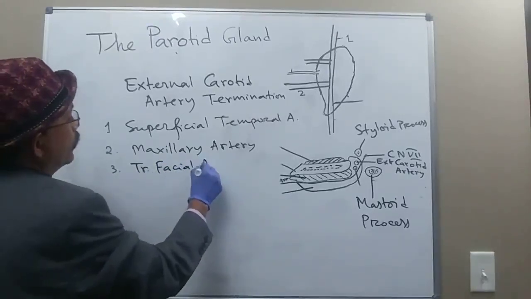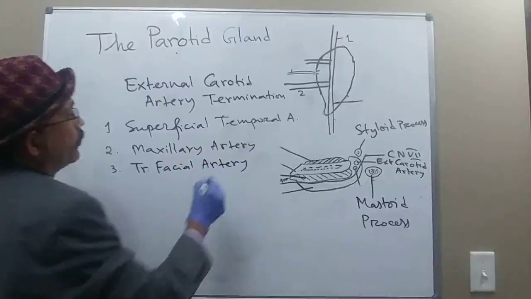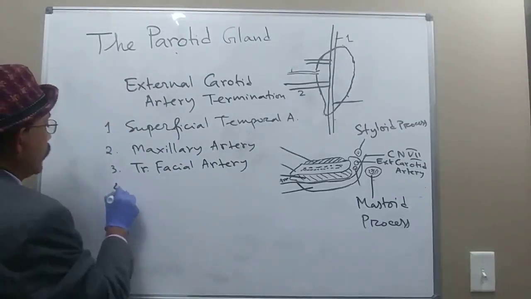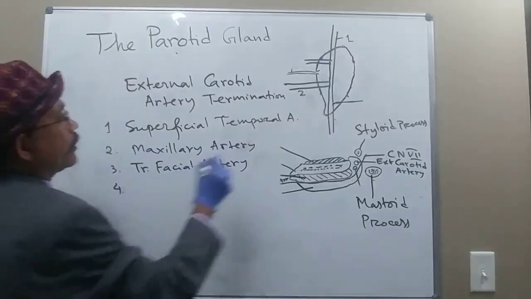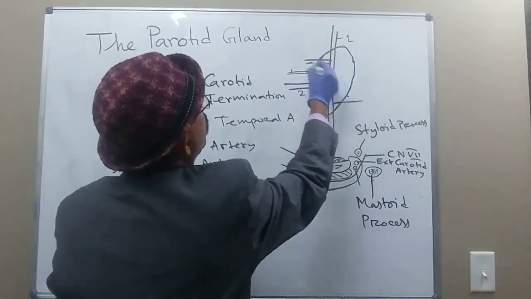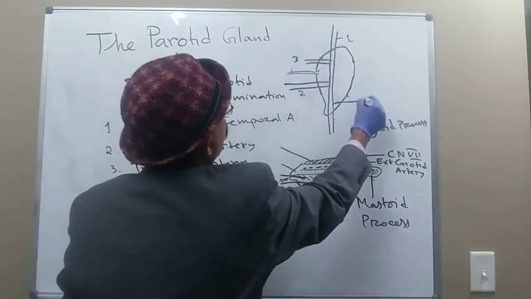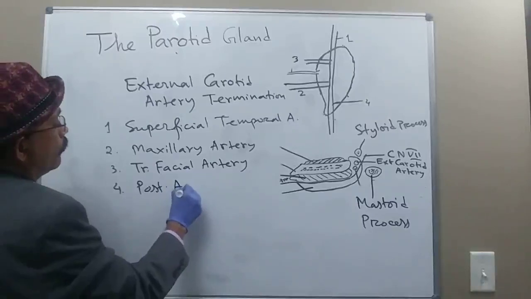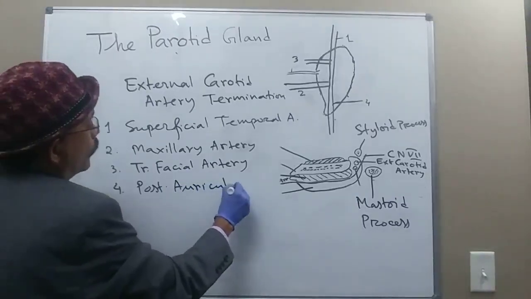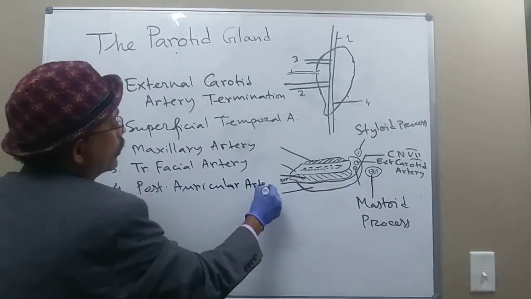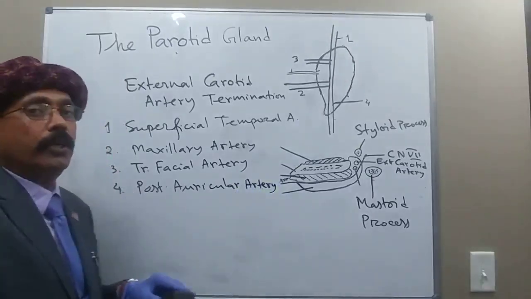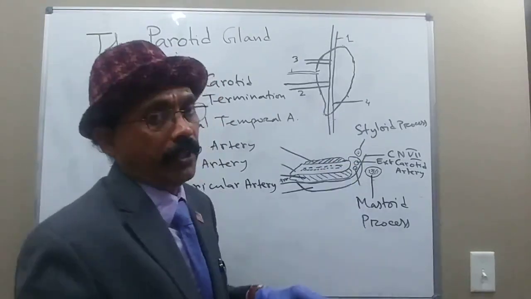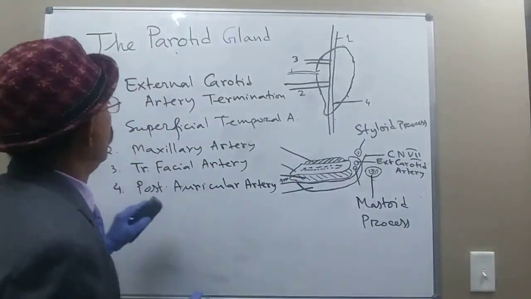This is number 3. Number 4, we may get the posterior auricular artery. Okay, it may be inside the substance of parotid gland, maybe lower than the level, maybe from here, not inside the substance of the parotid gland.